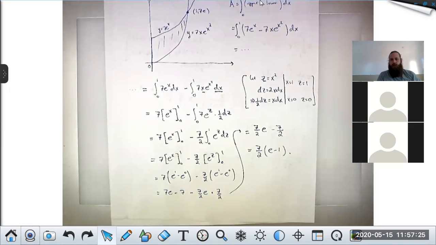Any questions on that u sub? Yeah, it's interesting. That's why we had to split them up, right? I only needed to make the substitution in the integral that had the e to the x squared piece. I don't need to substitute to do this.